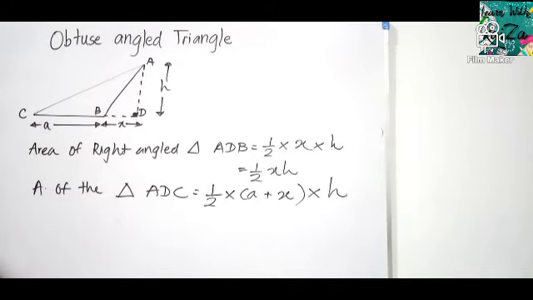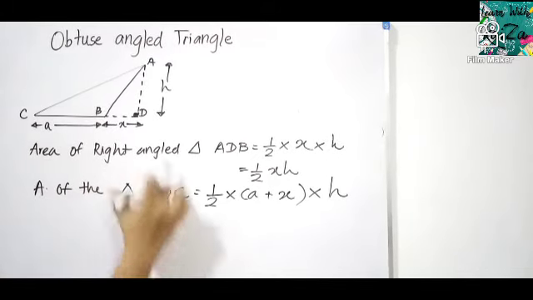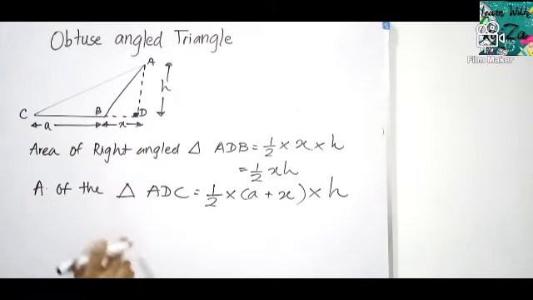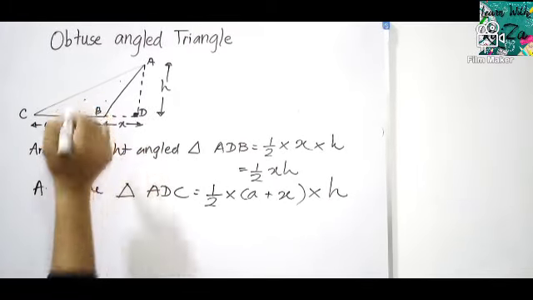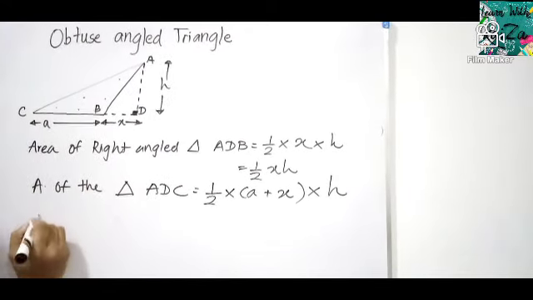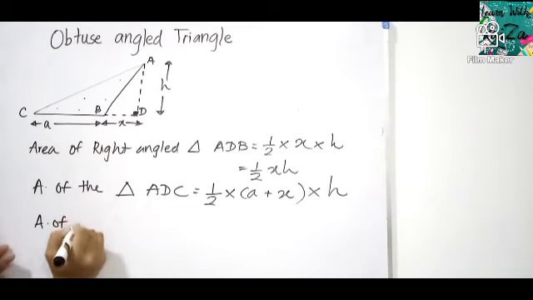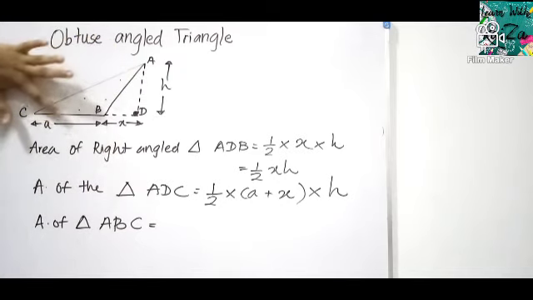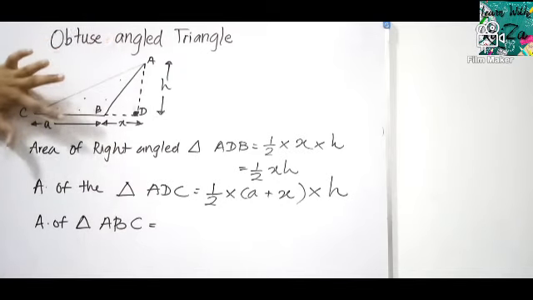Now what do we need? Do we need the area of the triangle ADC? No. Do we need the area of the triangle ADB? No. We need the area of the triangle ABC. That is the obtuse angled triangle. So the area of triangle ABC, the obtuse angle triangle, is equal to what?